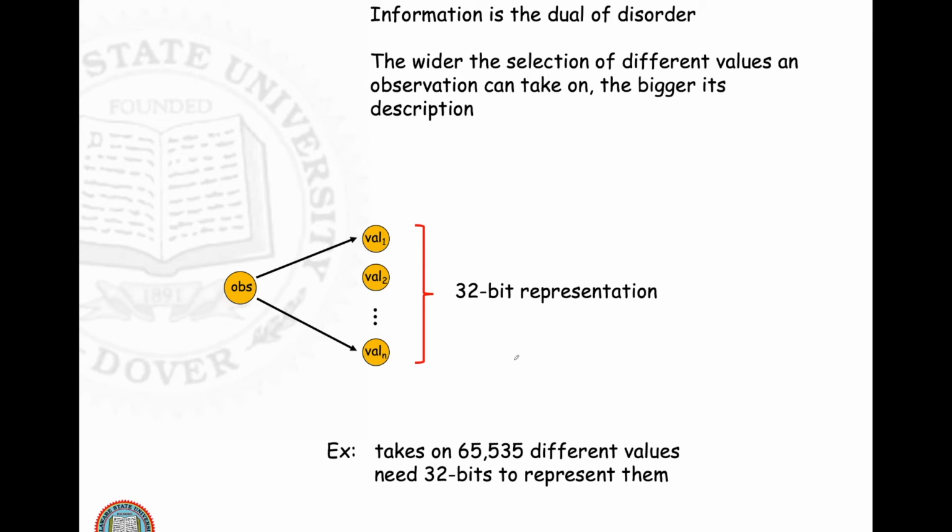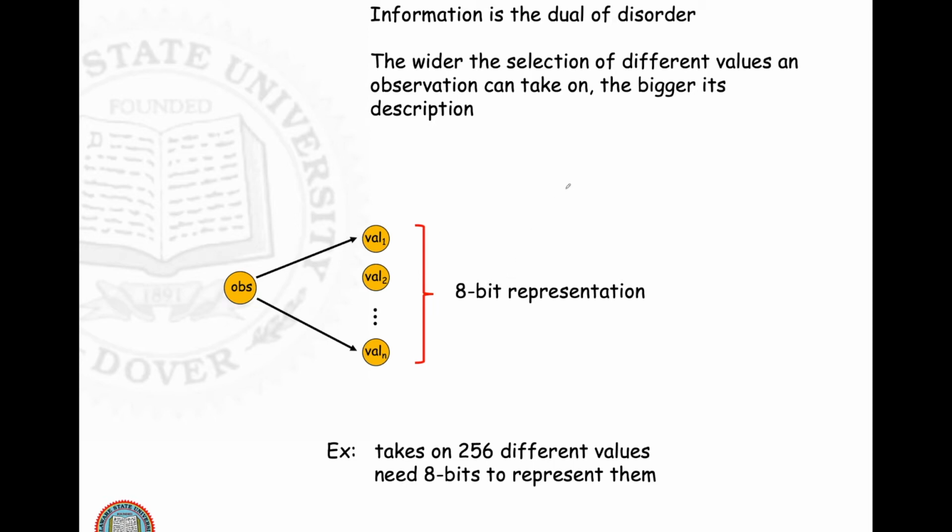And so this idea of enumerating all of the different values that your observation, a stochastic observation, can take on means you're going to need a larger number of bits in order to represent them. So let's say you could take on 256 different values.